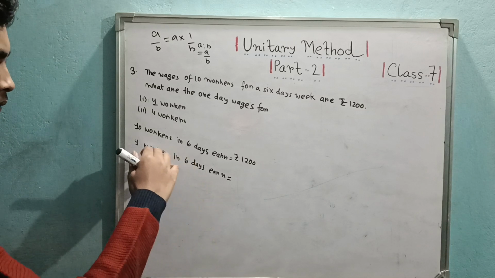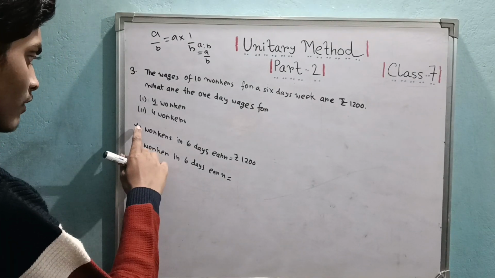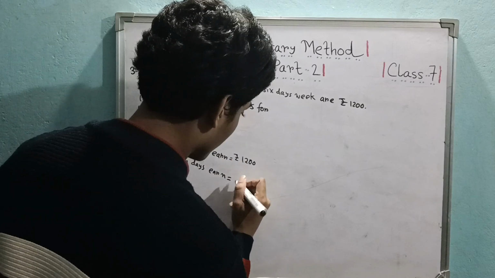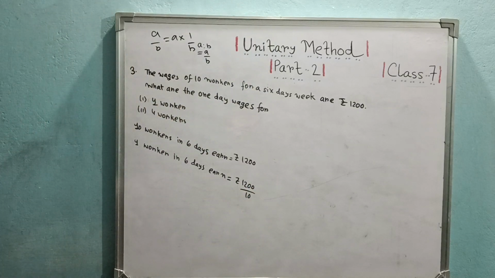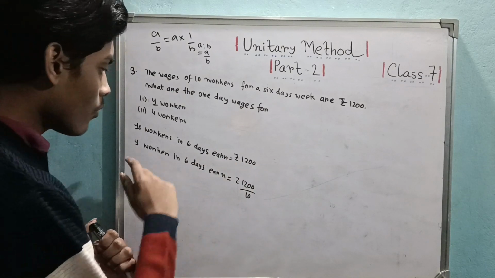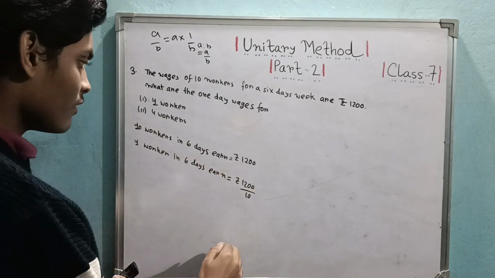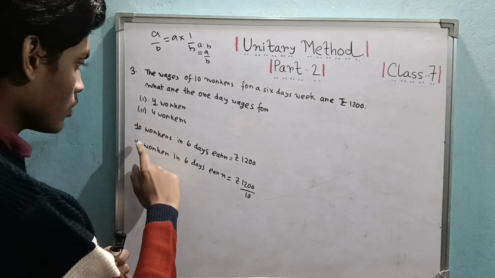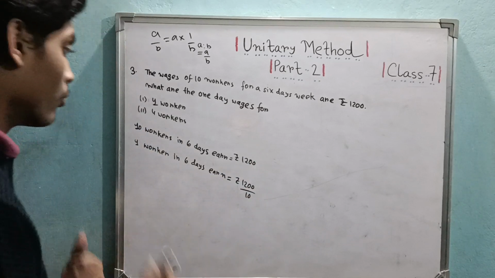For one worker the earning will decrease, so you have to divide. You are decreasing the number of workers, so just divide 1200 by 10. This is the way, you have to do it step by step. 10 workers in 6 days earn this much. Then one worker in 6 days will obviously earn less than them. So your earning will decrease, so divide by 10 because 10 is a decreased value here. 10 to 1, so you have to divide by 10 first of all.